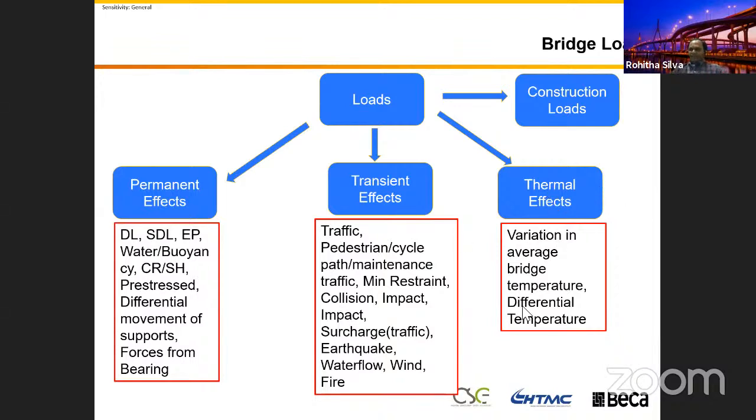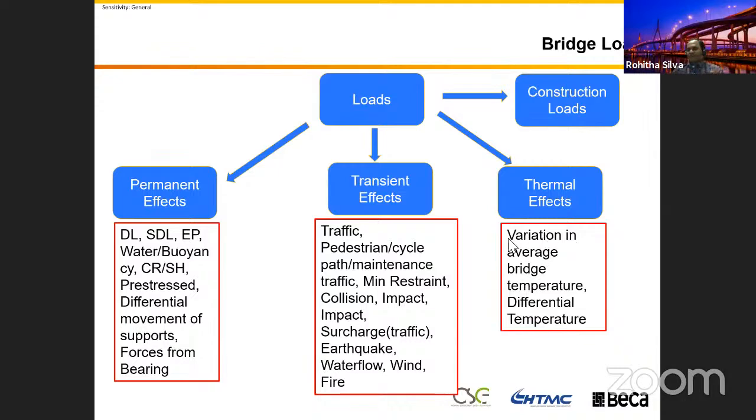Then the thermal effect, which we need to consider, because especially in Sri Lanka it may not be a big problem, but in most parts of the world, you get seasonal changes, and the temperature fluctuation is significantly large. Because of this seasonal change, the bridge temperature changes.